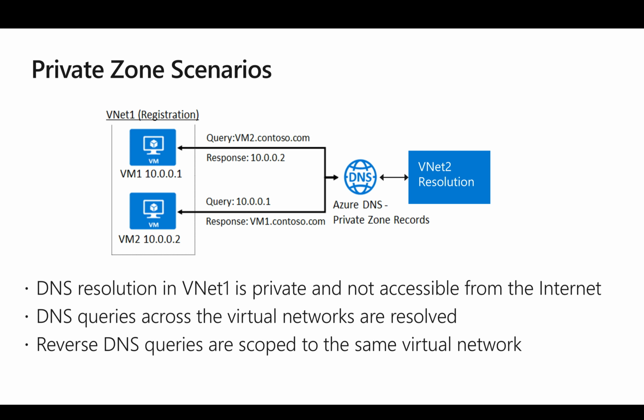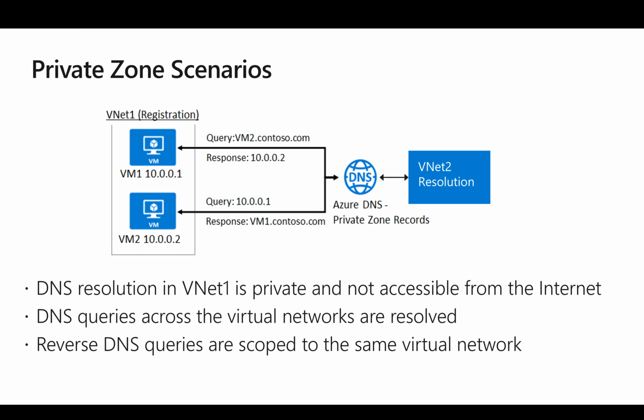There will be only one registration VNet for a private zone, and whatever we are deploying inside this registration VNet will be automatically updated, either addition or deletion, and we can attach multiple resolution VNets for the private DNS as well. So there might be one registration VNet and two or three resolution VNets for the private DNS.